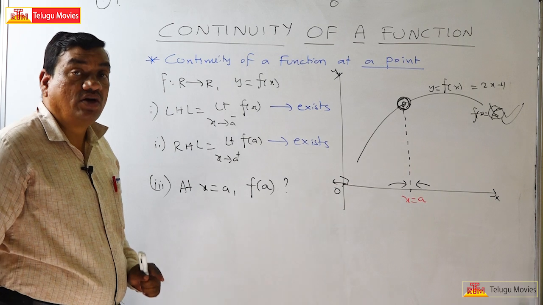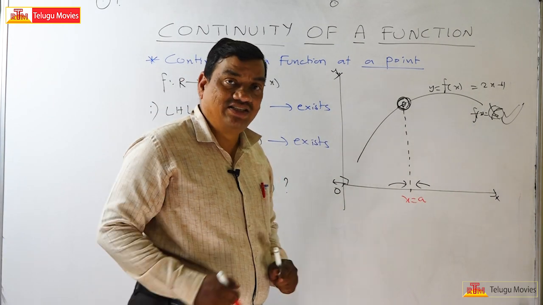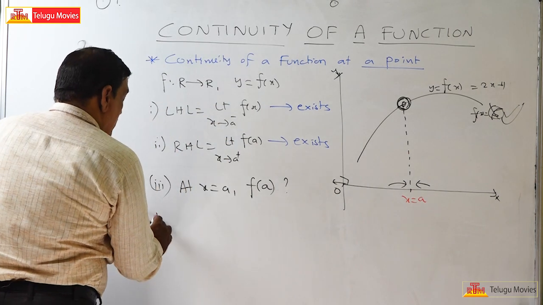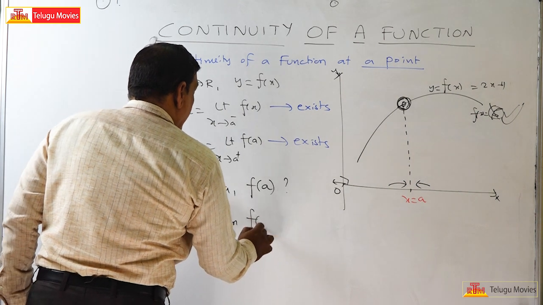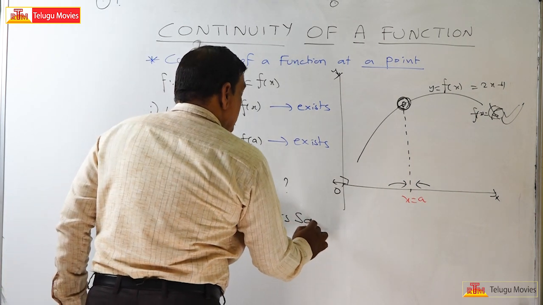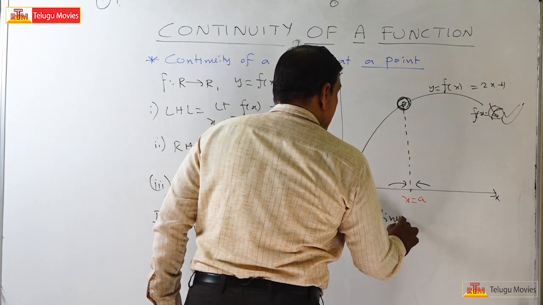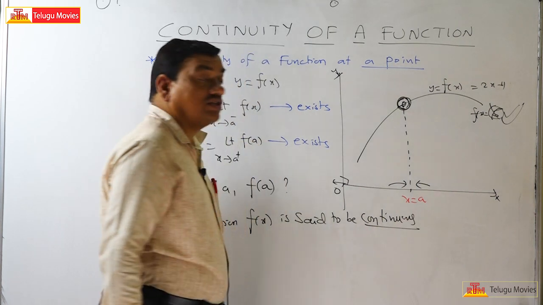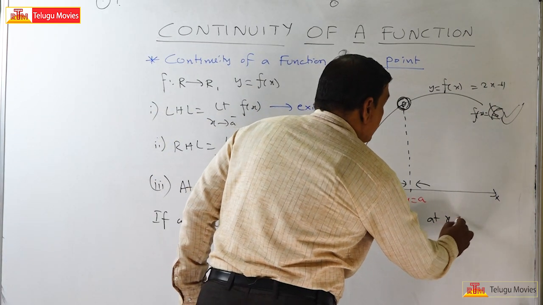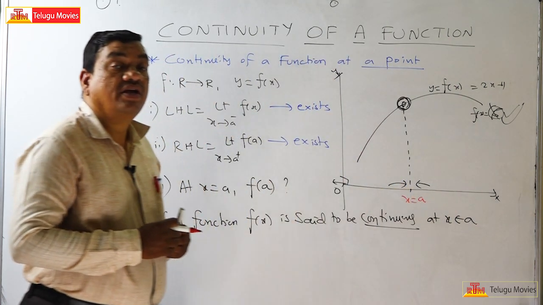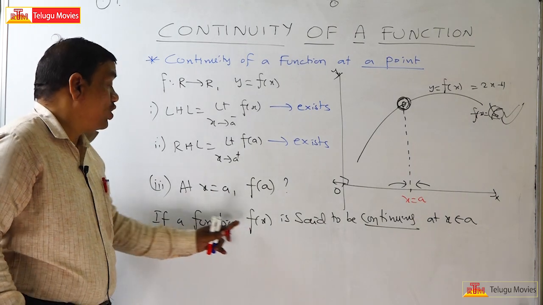A function f of x is said to be continuous at x is equal to a, where a belongs to the domain of this function.